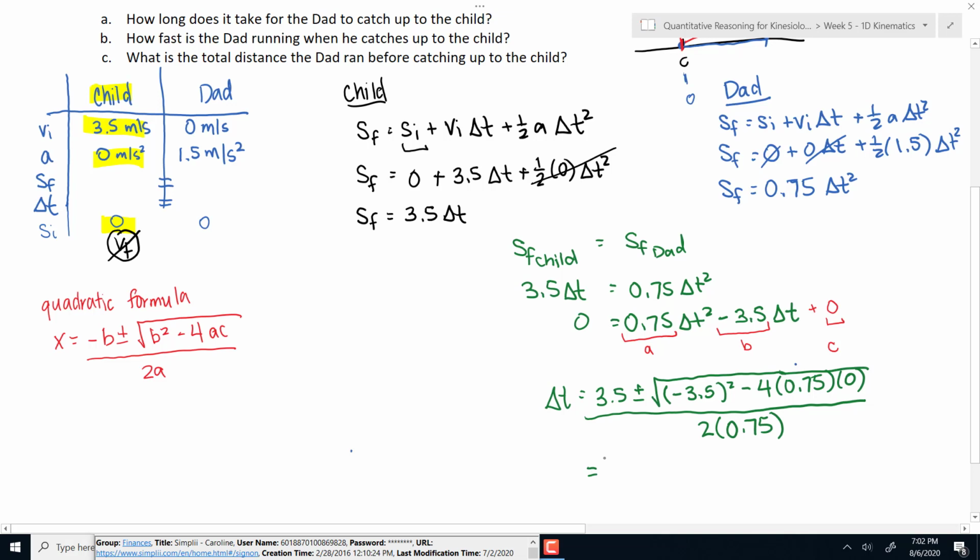So I'm going to type this onto my calculator. I'm going to do it with a plus sign first. So I have 3.5 plus the square root of bracket negative 3.5, close the bracket, squared, minus 4 times 0.75 times 0, divided by 2 times 0.75, and I get 4.667 seconds.